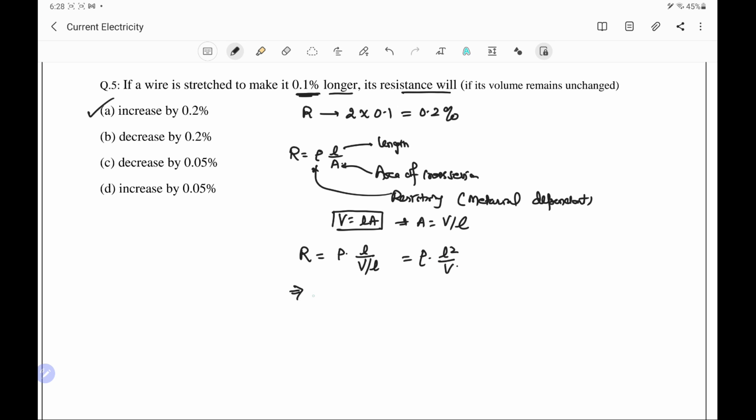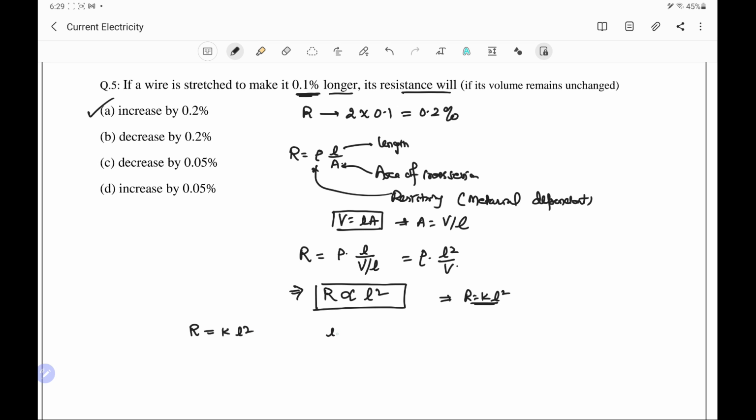Hence, R is proportional to L square. Therefore, we use R equal to K L square, where K is a proportionality constant. Now, if originally the length was L, the resistance was K into L square. But later, the wire is stretched and the length becomes 0.1% longer.